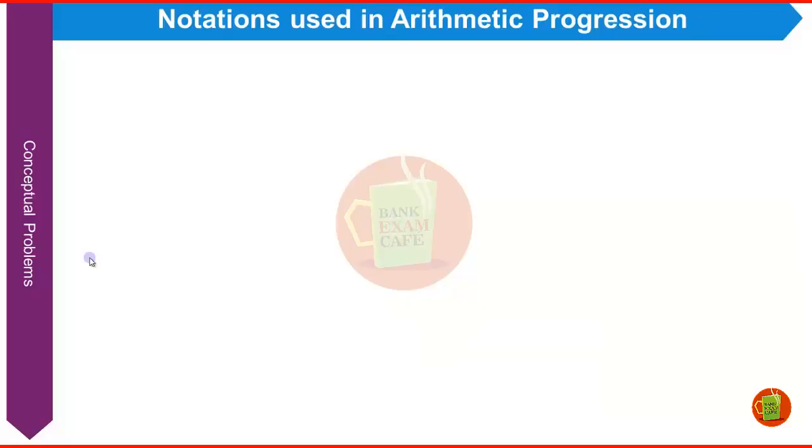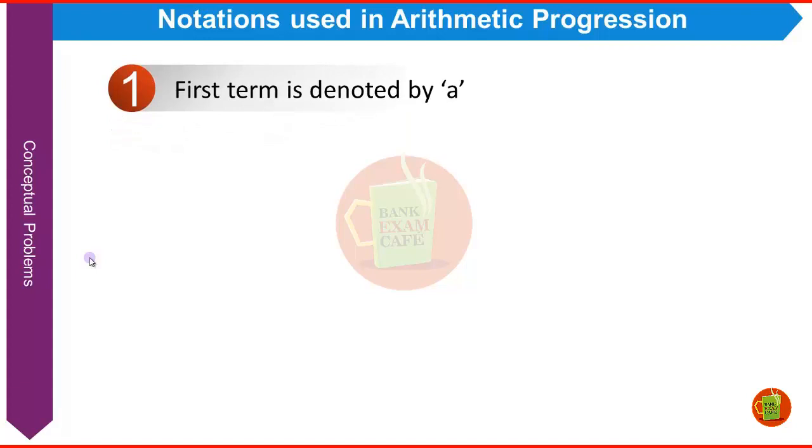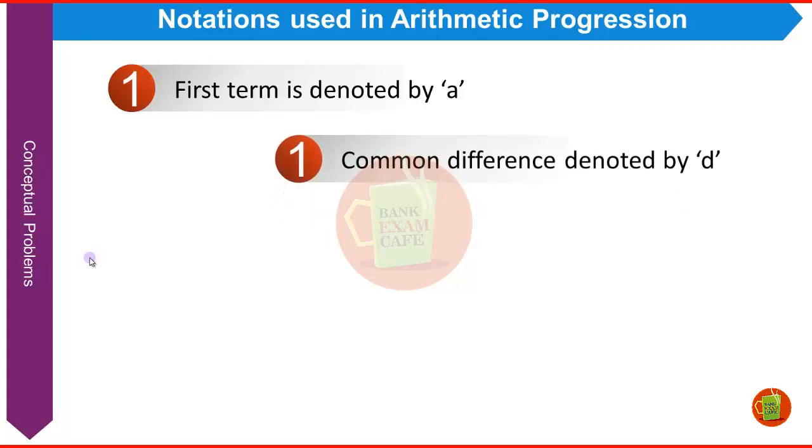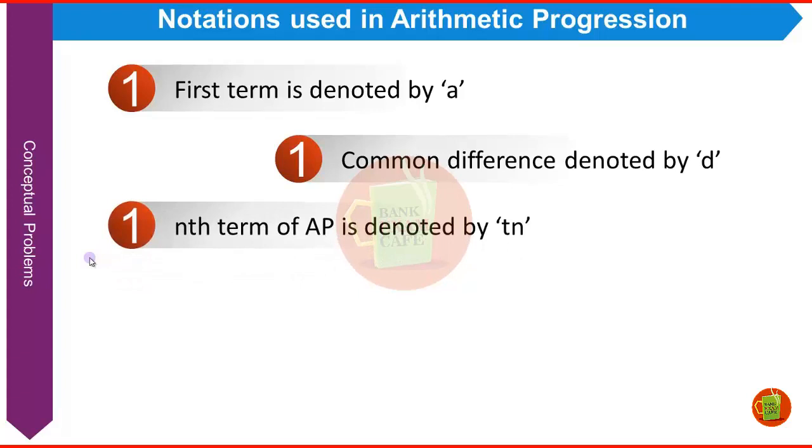Now here we will start with the first step, that is conceptual problems. Before going to the conceptual problems, we will see the notations that are used in arithmetic progressions. The first term is denoted by A, then the common difference is denoted by D, then the nth term is denoted by Tn, sometimes it is also denoted by An.